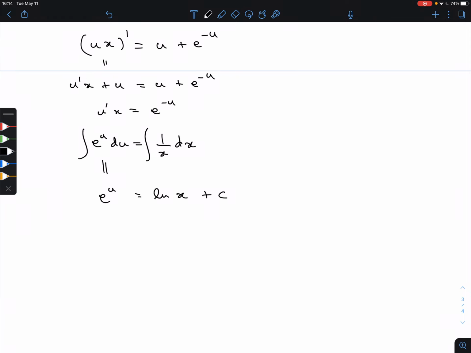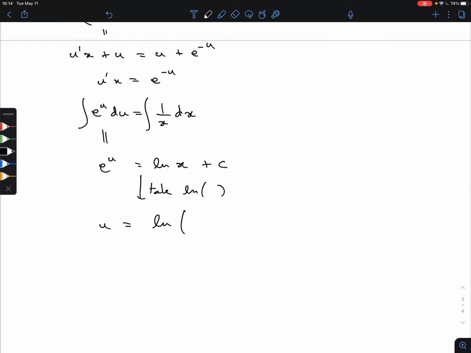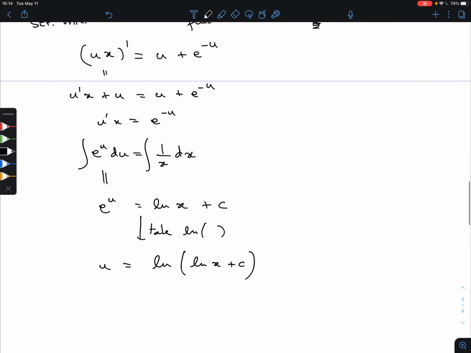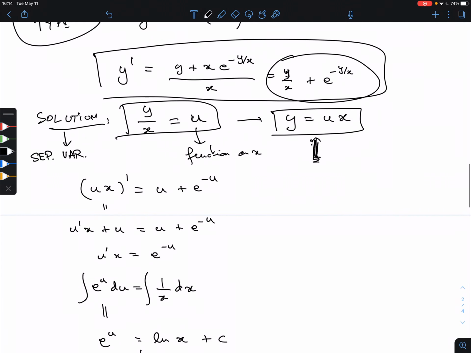So the answer, of course, is take logarithms. Take ln of both sides. You get u equals the ln of ln of x plus c. Well, why not? The ln of an ln exists. It's actually called the bilog. It's used, and it occurs often.